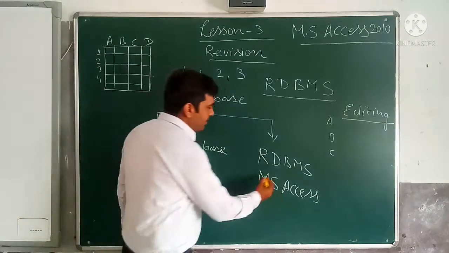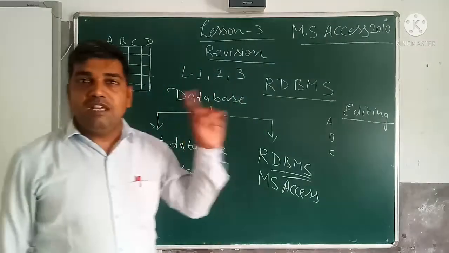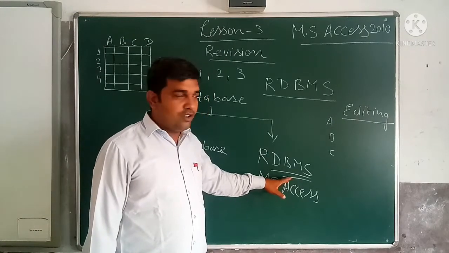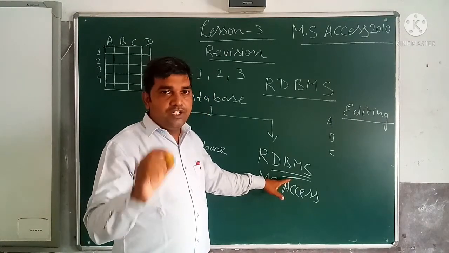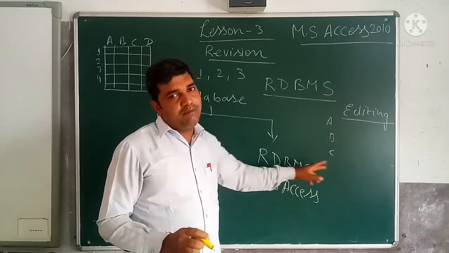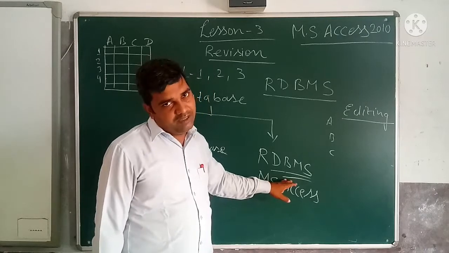But in RDBMS, we can generate a query on more than one table. It will extract all the records which satisfy your given condition from more than one table if you have applied your query on more than one table.